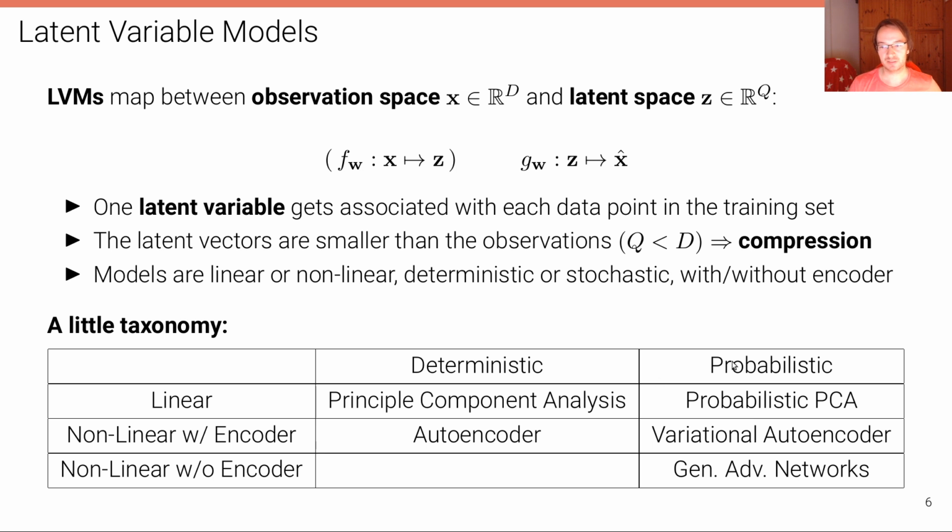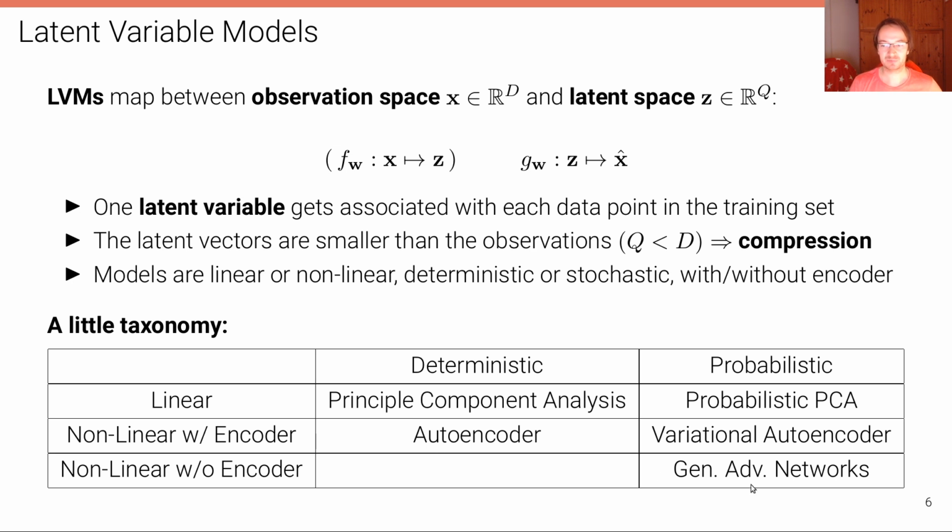And then there's the probabilistic versions of these two. The probabilistic version of PCA is called probabilistic PCA, and we're not going to cover this in this lecture. But we're going to cover the variational autoencoder, which is the probabilistic variant of the nonlinear autoencoder.